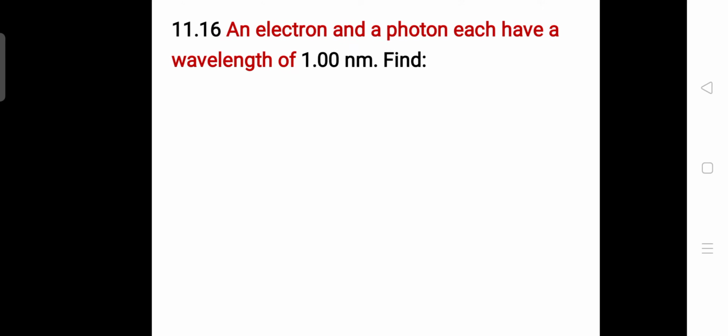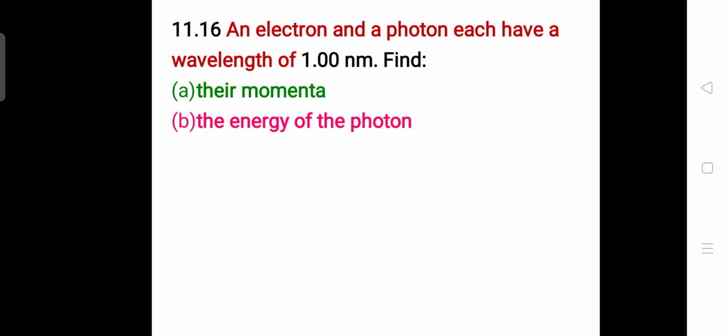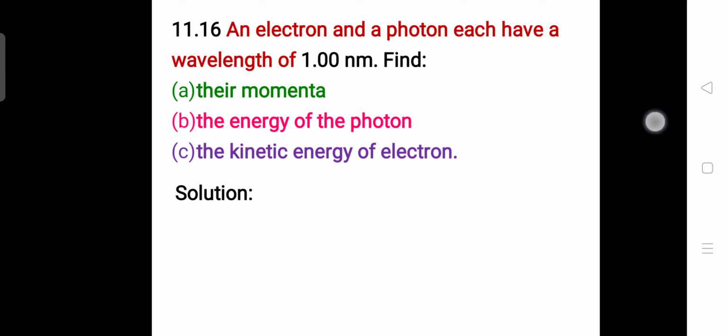Now the next question, question number 11.16. An electron and a photon each have a wavelength of 1 nanometer. Find their momenta, energy of photon and kinetic energy of electron. What is given in this question?